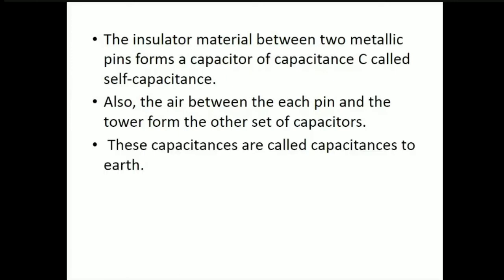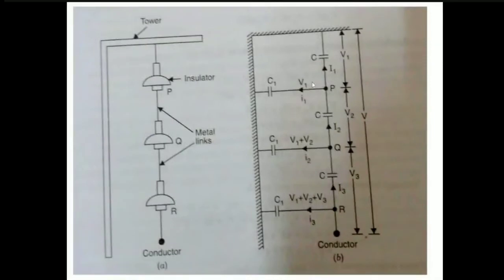These are called capacitances to earth. So, this is the capacitance to earth and this is the self-capacitance. C is known as self-capacitance and C1 is called capacitance to earth or mutual capacitance.